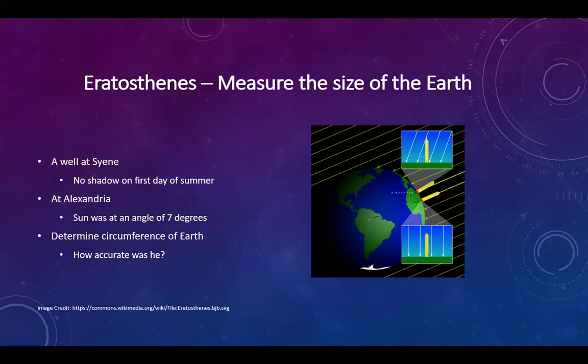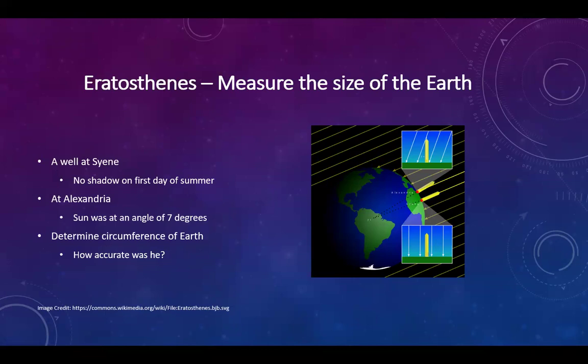That means at Cyrene, the sun was directly overhead at noon on the first day of summer. So he, in Alexandria, was able to measure the angle of a shadow at noon on the first day of summer, and found it was about 7 degrees. He specifically found it was a 50th of a circle, an angle of 7 degrees.